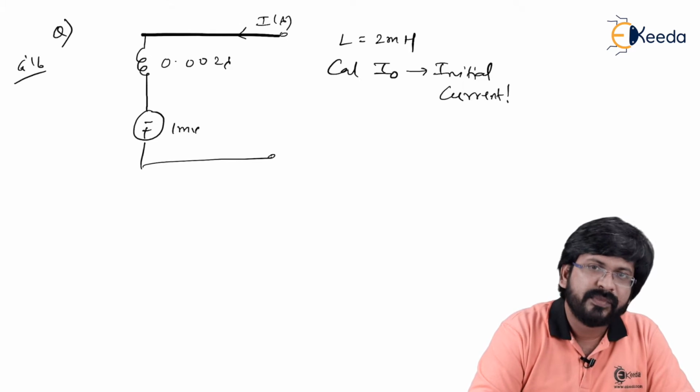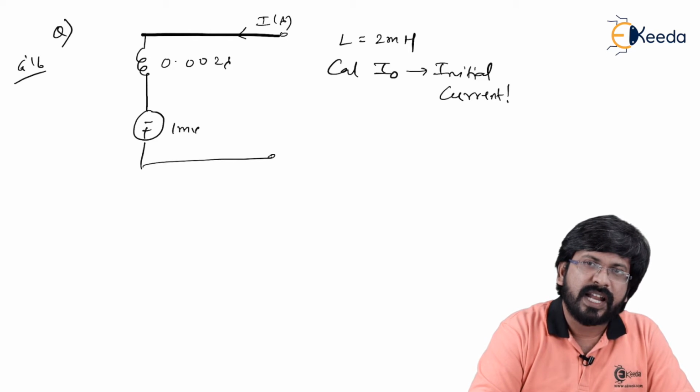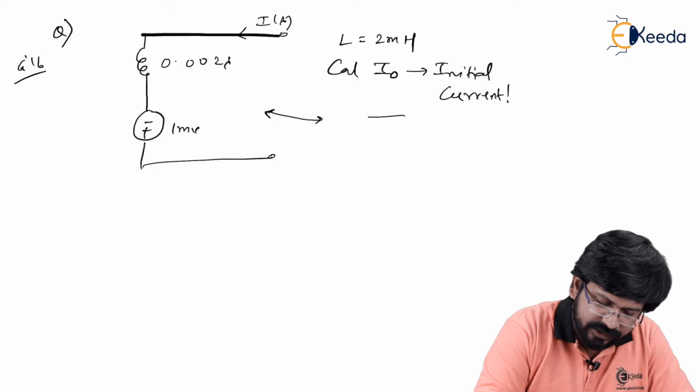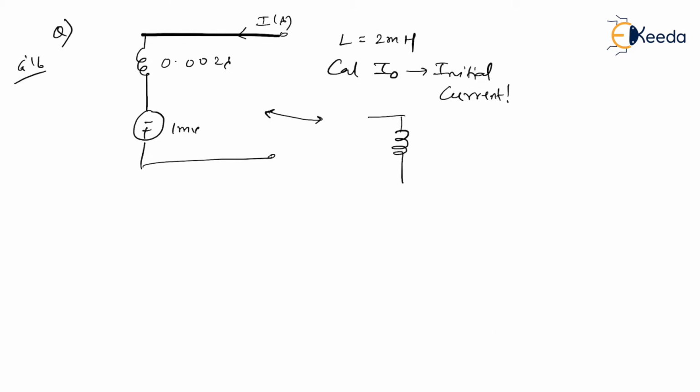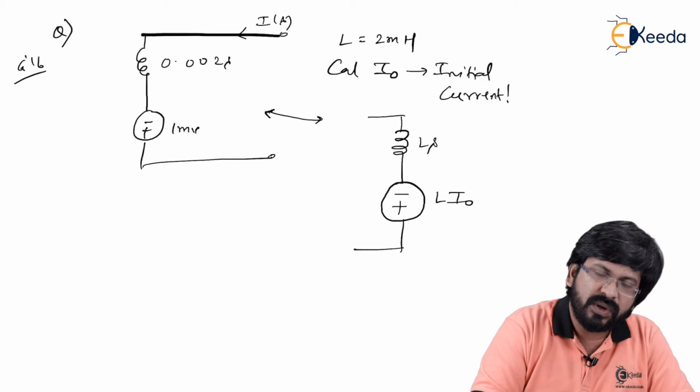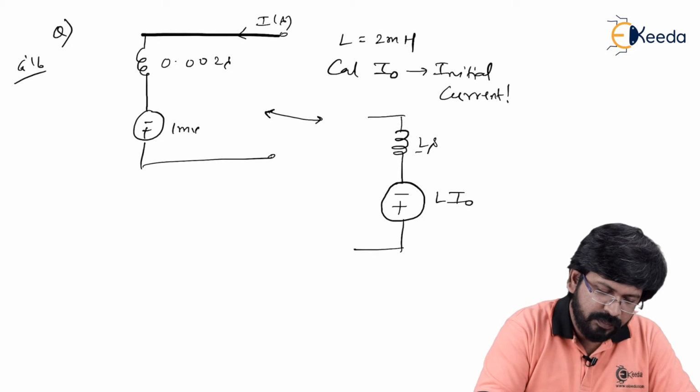You know the fact that this is actually the Laplace model for an inductor. So if you compare with the standard Laplace model for an inductor, it is like this: Ls, and then in series we have minus plus L times I naught. Am I right? So now if you compare this, the value of L you can compare with this.